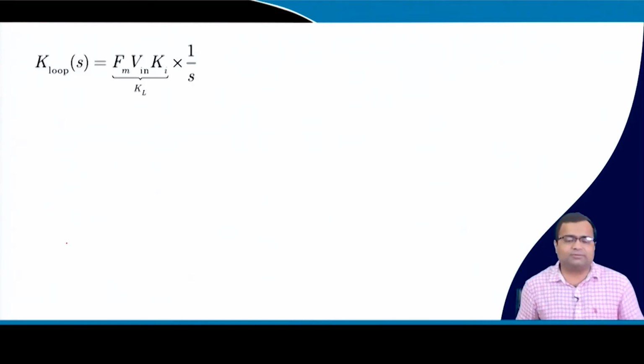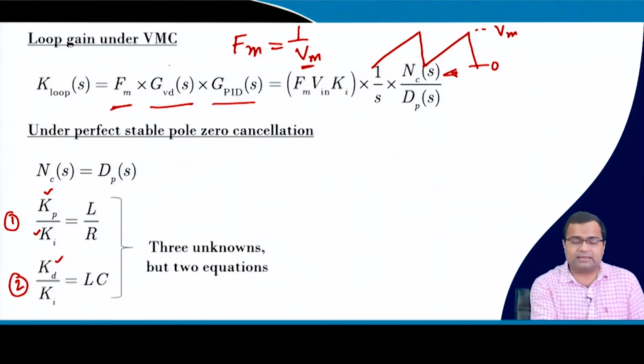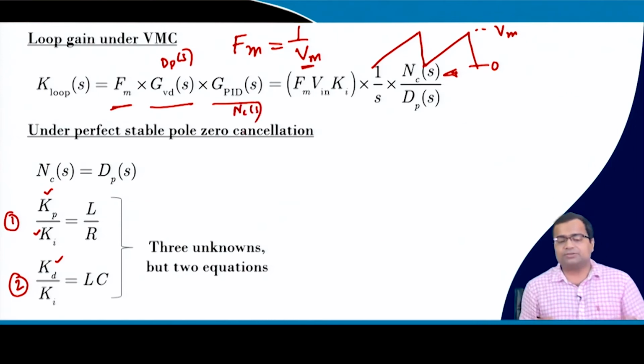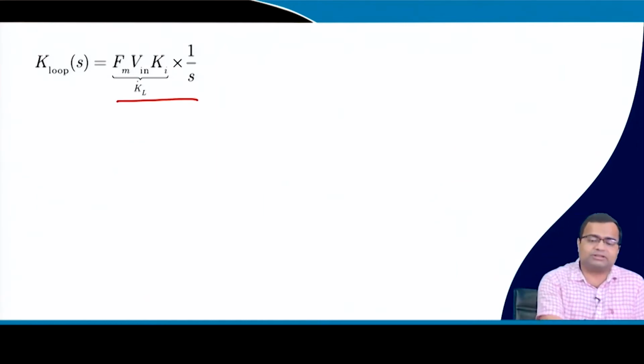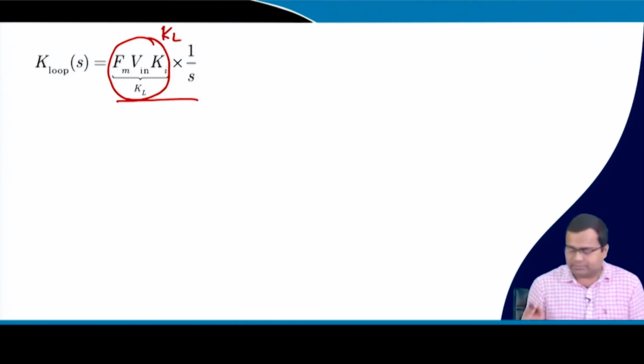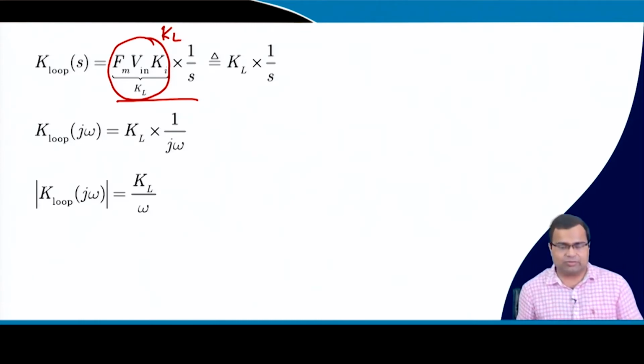Then the loop transfer function, if you do perfect compensation, because we are cancelling the denominator of this transfer function by the numerator of this transfer function, the rest is nothing but this loop transfer function. Okay. Here we are considering this whole thing to be KL, this is my KL, and if we do that, the loop transfer function is simply an integrator with a gain, right.